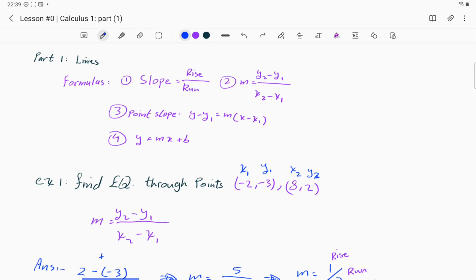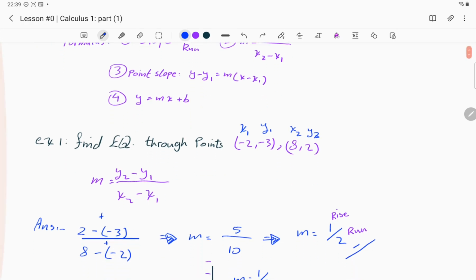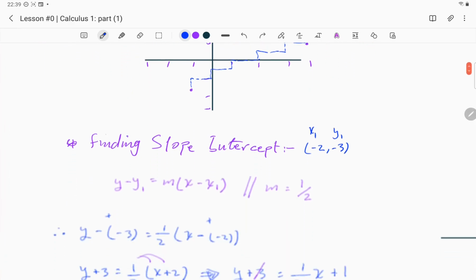Slope equals rise over run, m equals y2 minus y1 over x2 minus x1. Point-slope is y minus y1 equals m multiplied by x minus x1. And the fourth one, finally, y equals mx plus b, in which b is the y-intercept and m is the slope. Okay, here's a quick rundown.